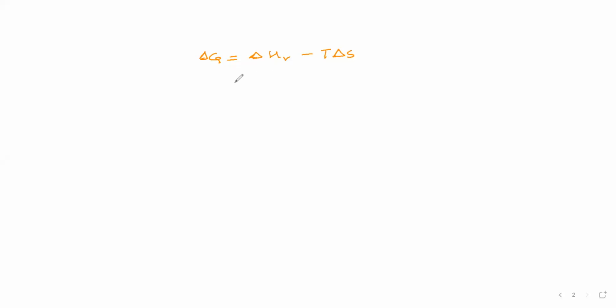One more question they ask is at what temperature a reversible reaction will acquire the equilibrium state. We know that the Gibbs free energy at equilibrium is taken as zero.